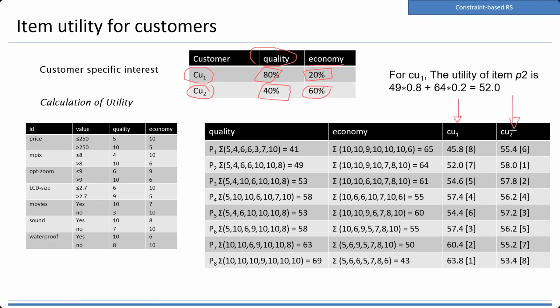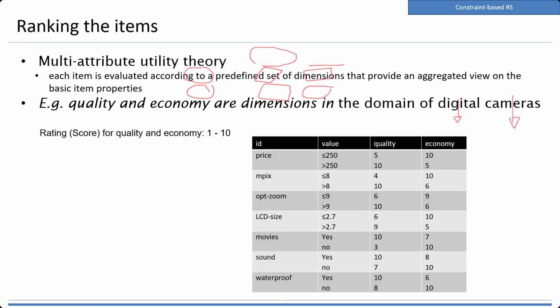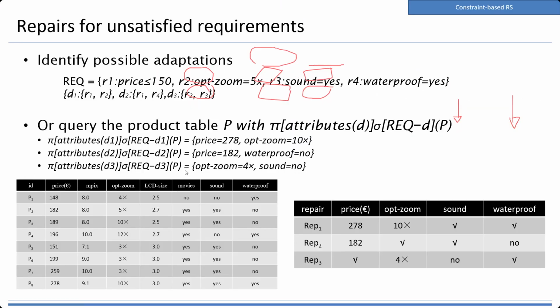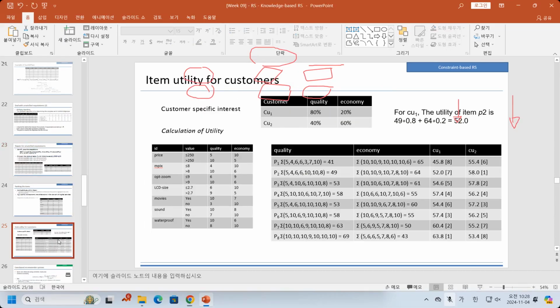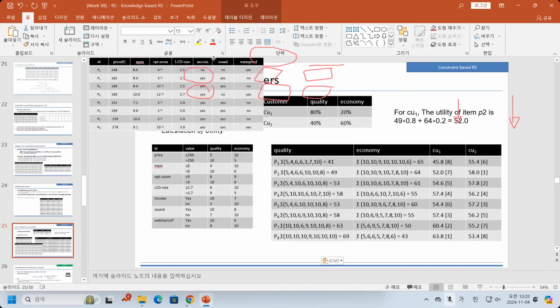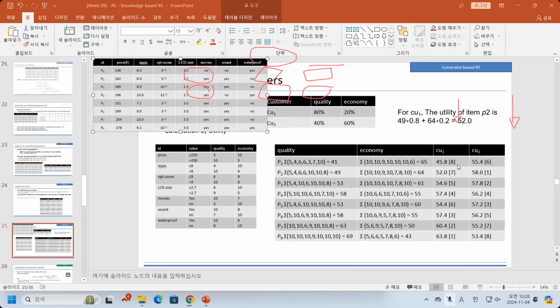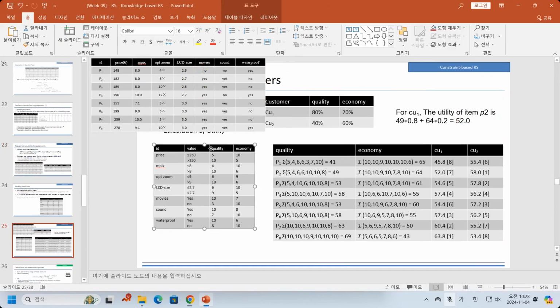So how can we calculate this? For product one, we need to check what is the quality and what is the economy.